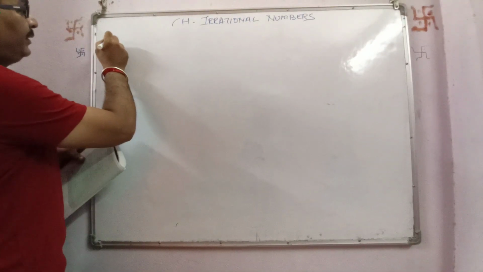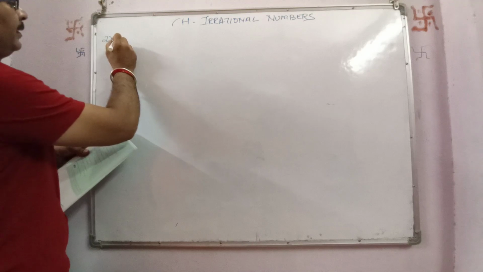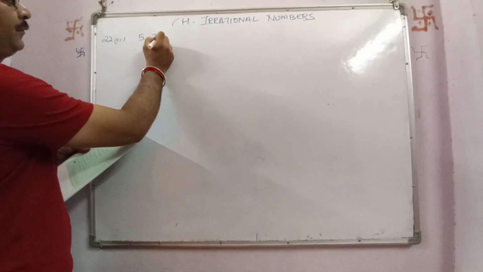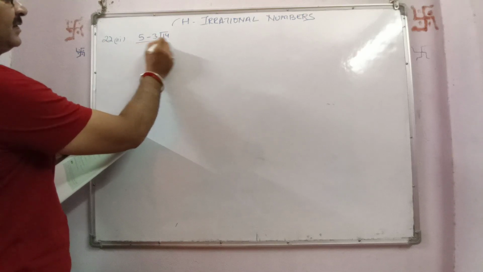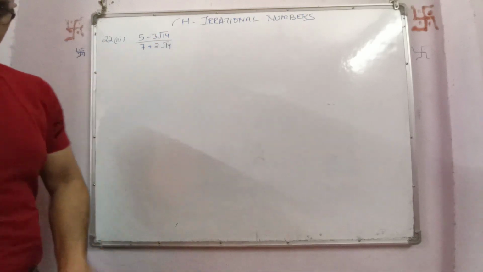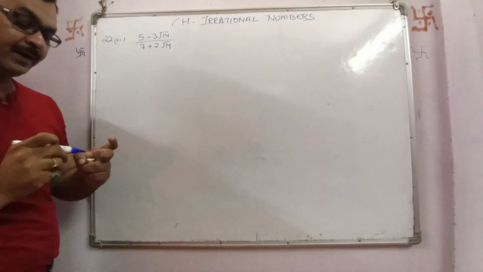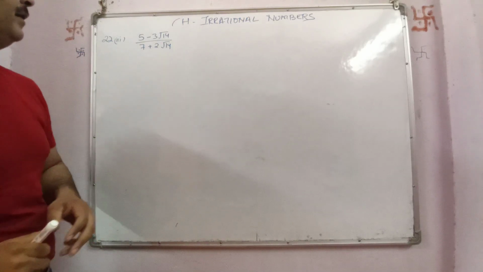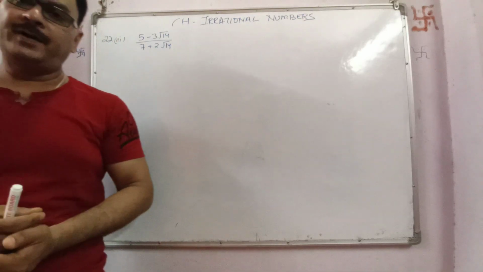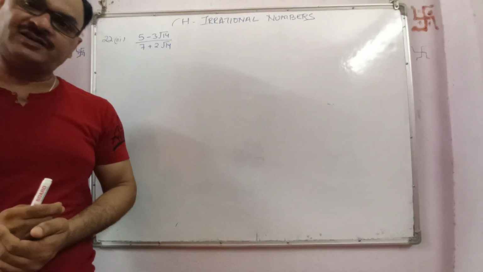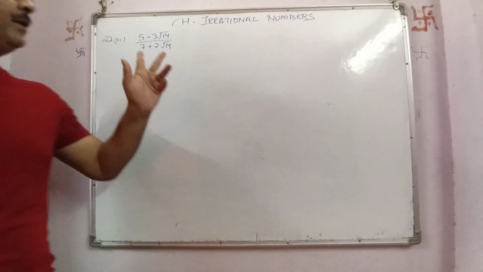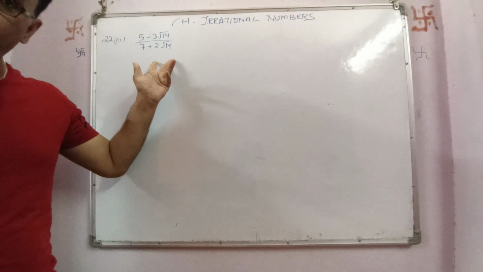Okay, question number 22, third part also. Here we see that (5 − 3√14)/(7 + 2√14). Now check it out. Here the terms at the numerator as well as the denominator are different, and both numerator and denominator are irrational numbers. But we only need to rationalize the denominator.